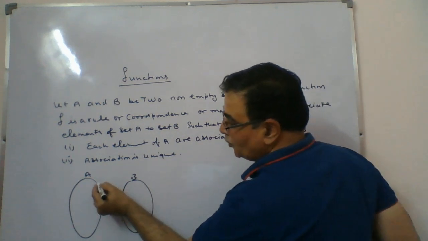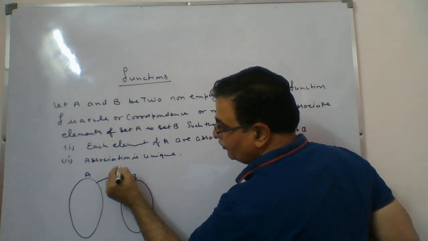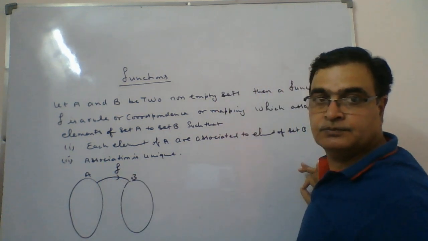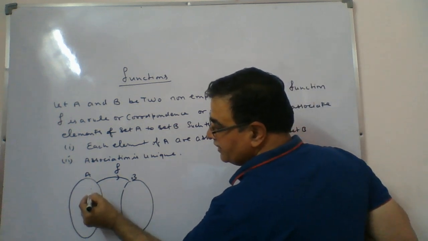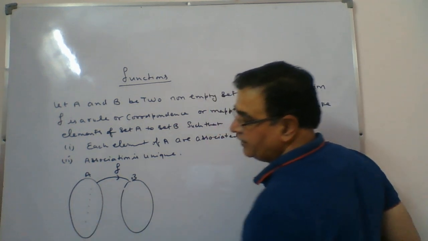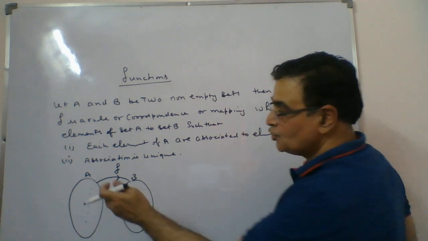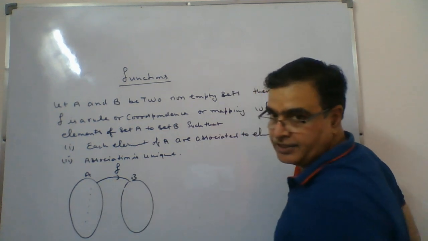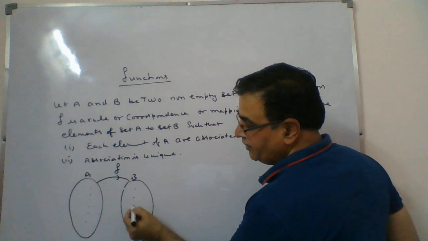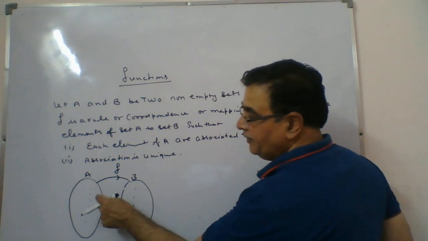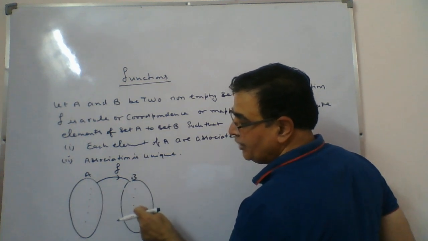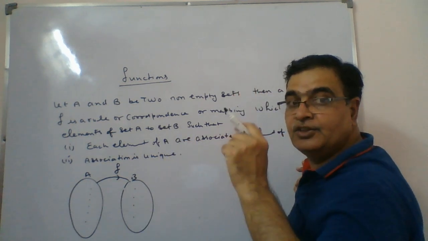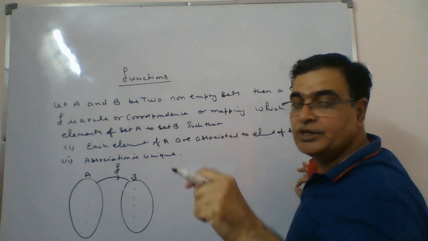Then there must be a rule going from A to B denoted by F. It is said to be a function if each and every element of set A should have association this side. There are certain elements here also. Each element of this must associate first, means each element here should have the image here, and that image must be unique.